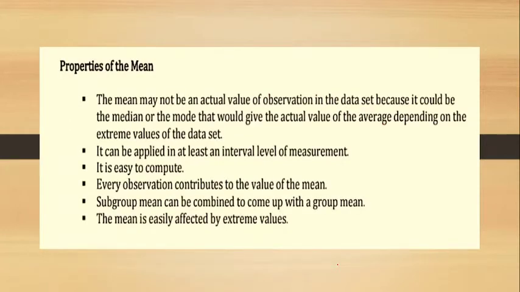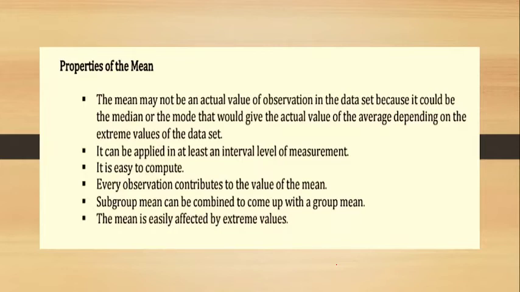We have here the properties of the mean. The mean may not be an actual value of the observation in the data set, because it could be the median or the mode that would give the actual value of the average, depending on the extreme values of the data set. It can be applied in at least an interval level of measurement.